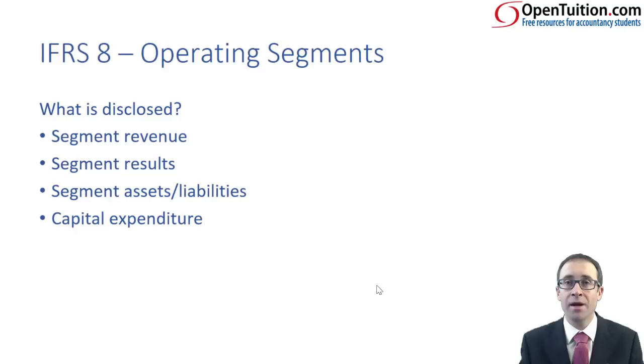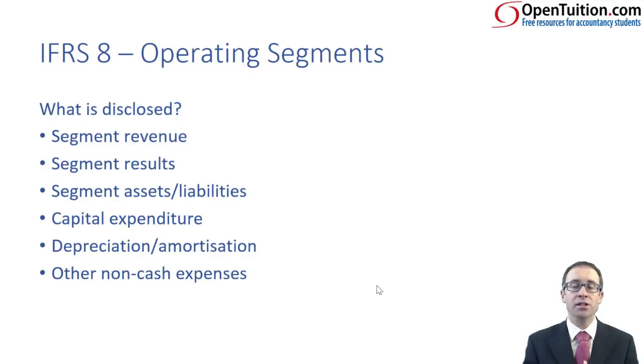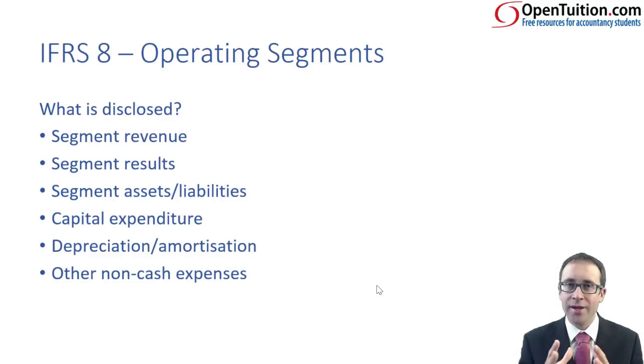The more expenditure, maybe the more improvement, and therefore the more profitability likely in the future. Who knows? Also, depreciation and amortization, and any other non-cash expenses, will need to be disclosed by segment.